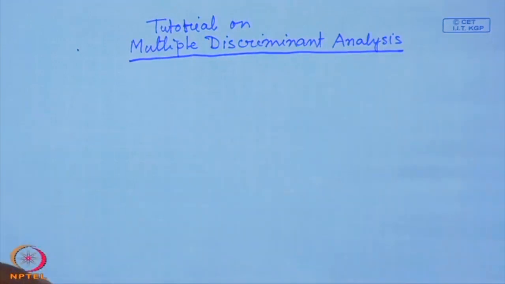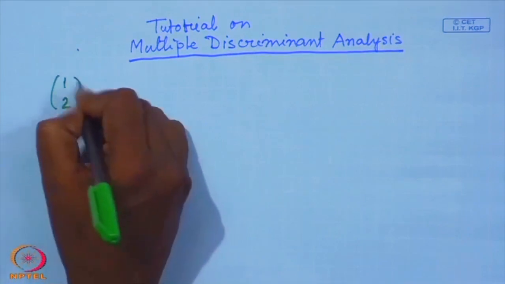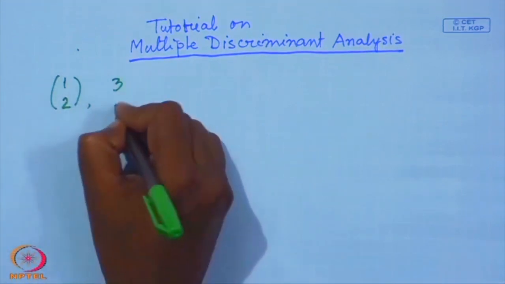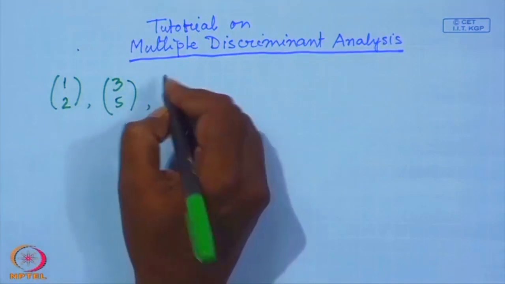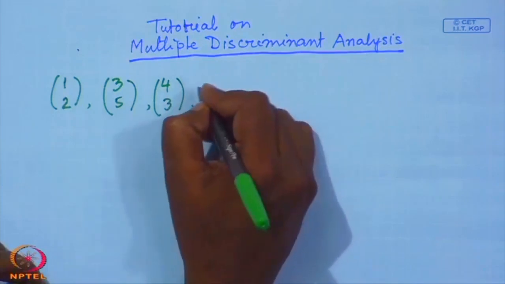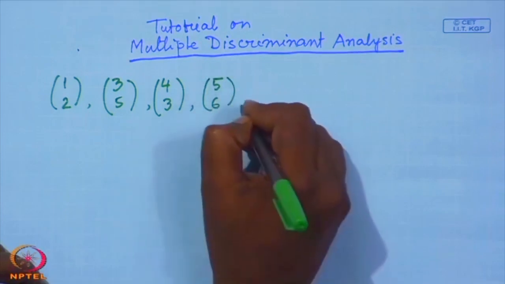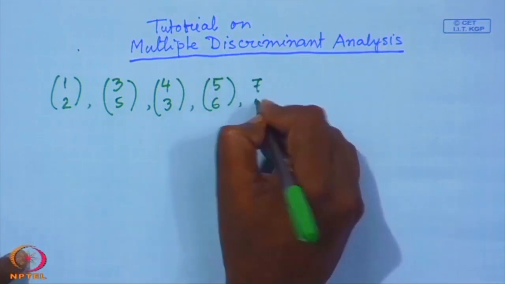We will take a number of feature vectors from two different classes, a set of feature vectors from class omega 1, and another set from class omega 2. Suppose we have been given the feature vectors (1, 2), then (3, 5), then (4, 3), then (5, 6), and (7, 5).